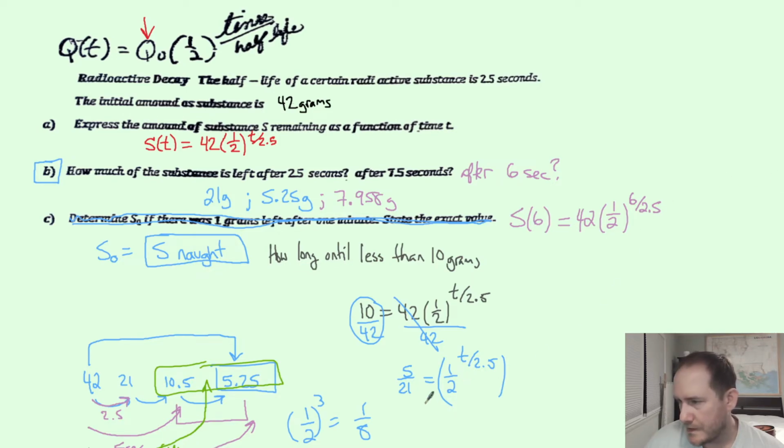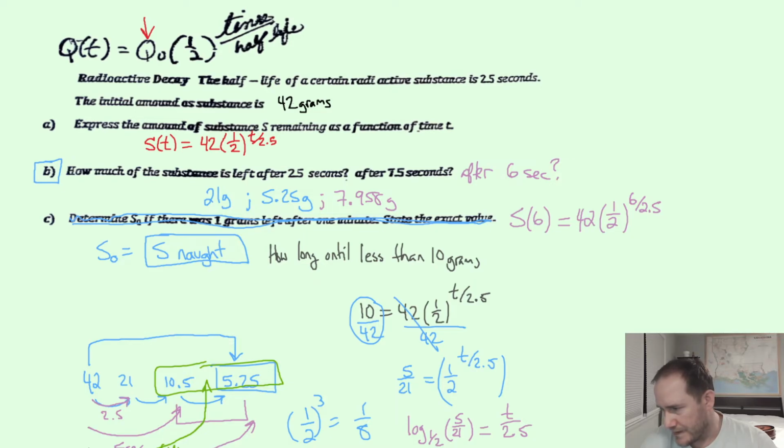It becomes log base 1/2 of 5/21 equals t over 2.5. So you just multiply both sides by 2.5. By the way, 2.5 is just 5 over 2. So you could give me the answer as 5/2 times log base 1/2 of 5 over 21. And if you gave me that, that would be lovely.